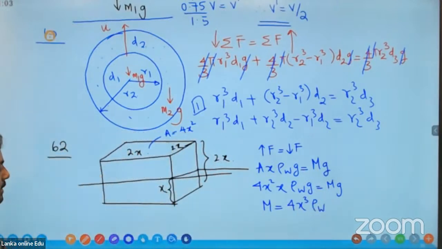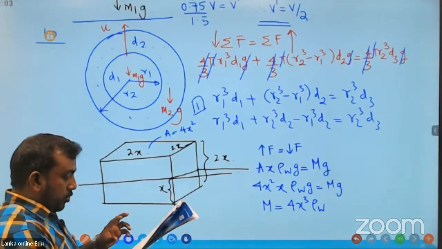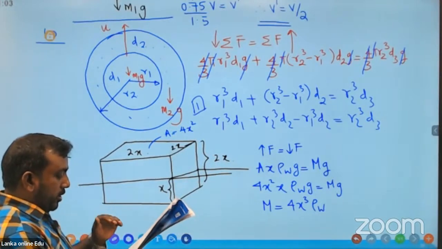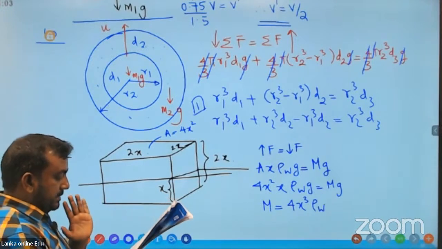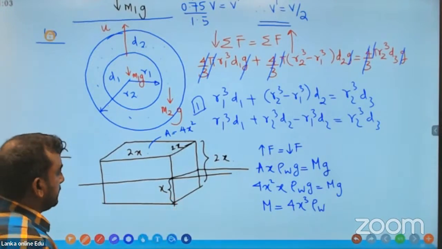Now they're telling us the cube is converted into a hollow cube of the same mass m, with external side length 8x.